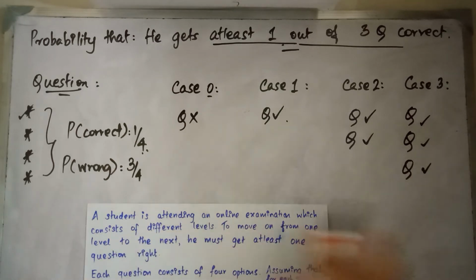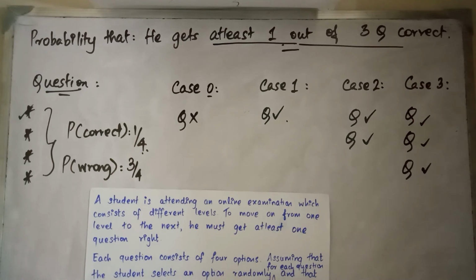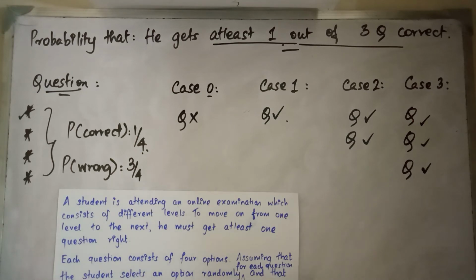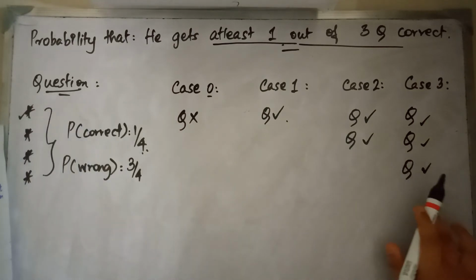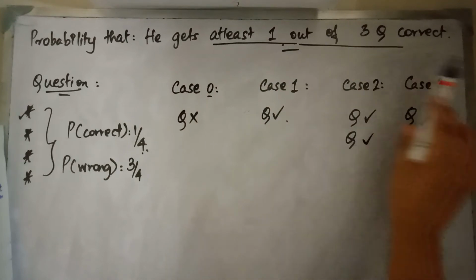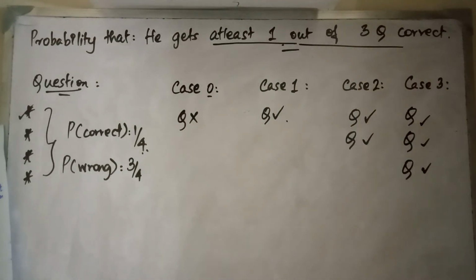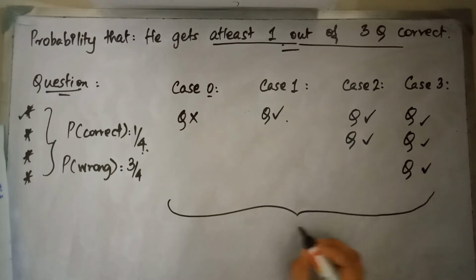Now these are all of the possible cases that can happen while he's attending this online examination. So now, out of these 4 cases, let's see which cases fall under at least 1 out of 3 questions correct. Now the total probability of all of these 4 cases will be 1. Why? Because the total probability of an event is always 1.